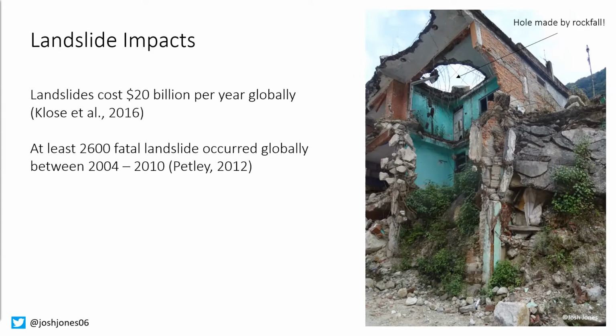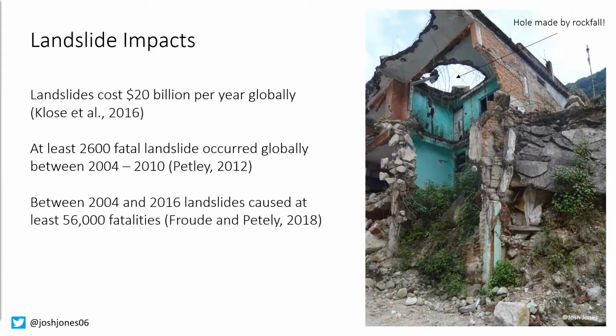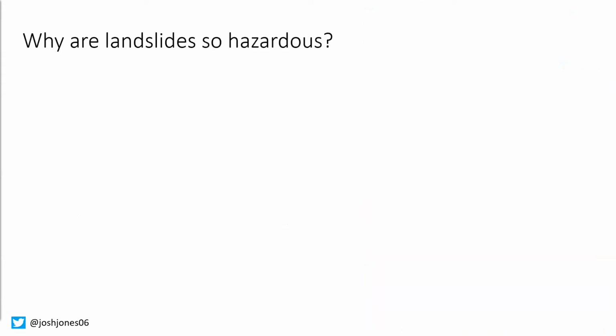Furthermore, between 2004 and 2010, it's estimated that at least 2,600 individual landslides caused at least one fatality. And between 2004 and 2016, it's estimated that somewhere in the region of 56,000 people were killed by landslides. So clearly, both the economic and human cost of landslides is very significant, suggesting that we really need to do better at managing landslide hazard.